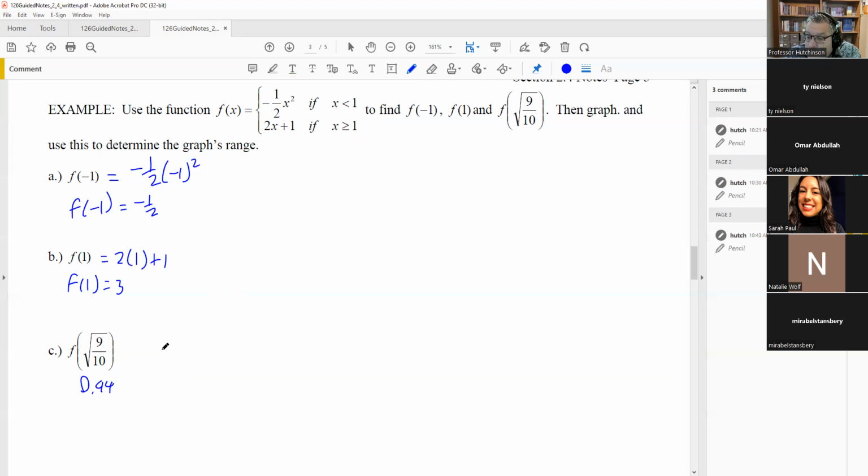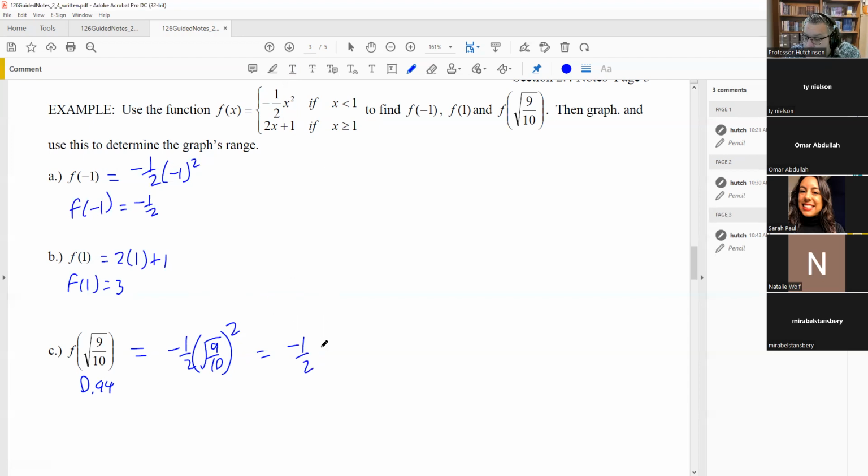So basically this is going to equal -1/2 times the square root of 9/10, and that's being squared. I'm putting that into the first one because the square root, 0.94, is less than 1. Then I can simplify this.